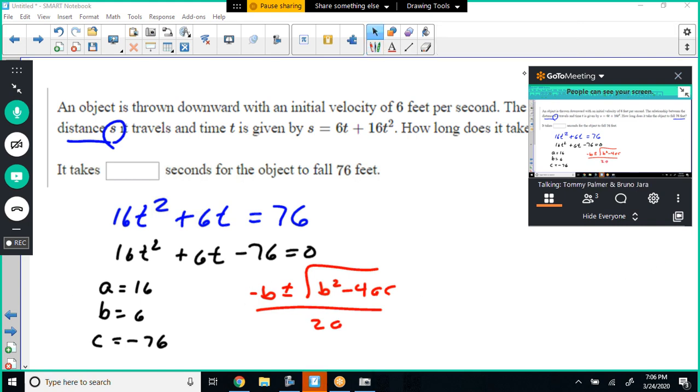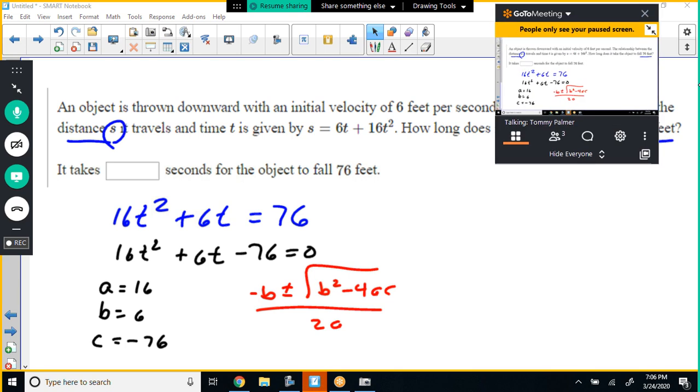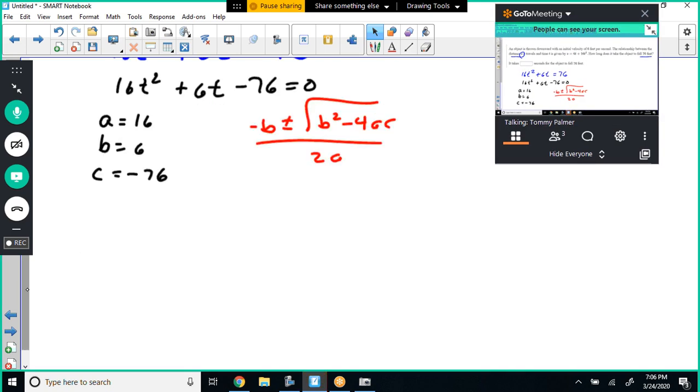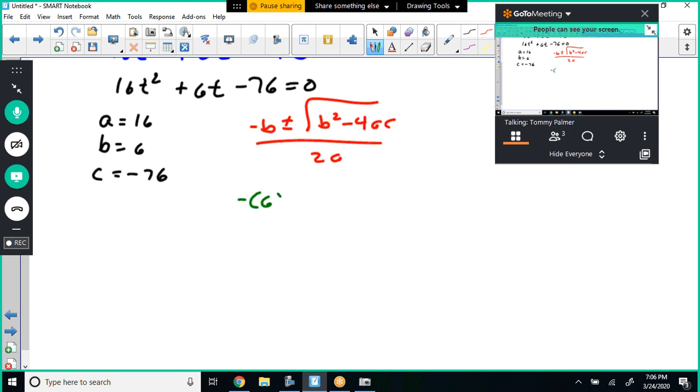Yeah, I got to get this up here. There we go. So when I substitute these things in, I want to make sure that I'm putting them in parentheses so that I know that if it's a negative, especially with the B right here, when you go negative B, if that 6 was negative, a negative makes a positive, right?